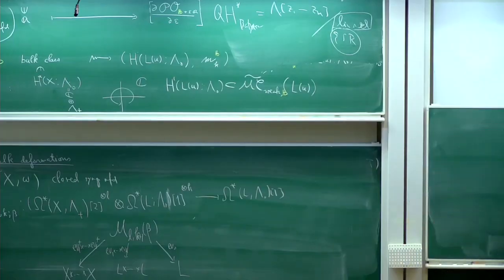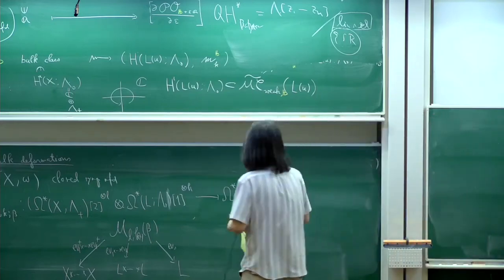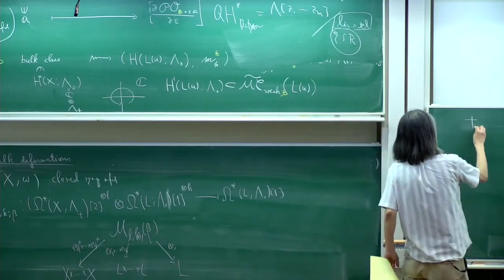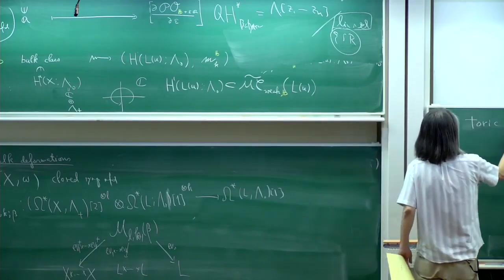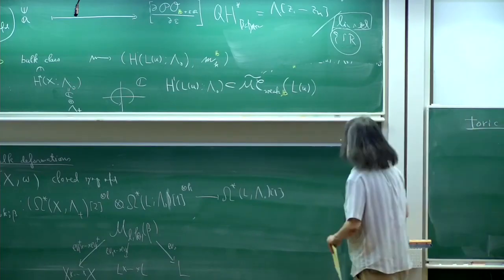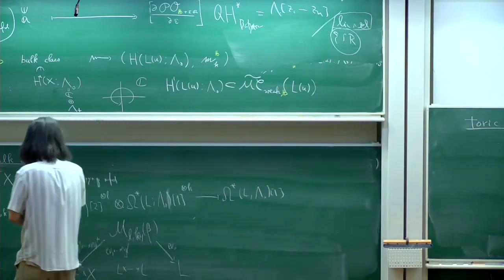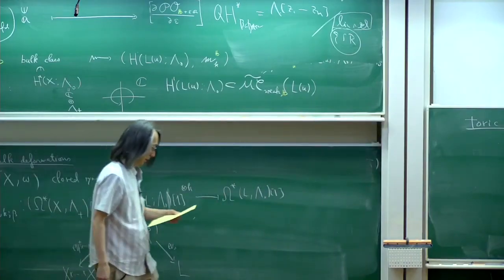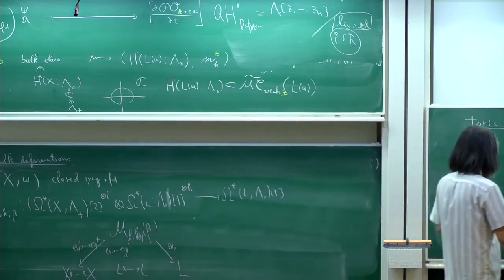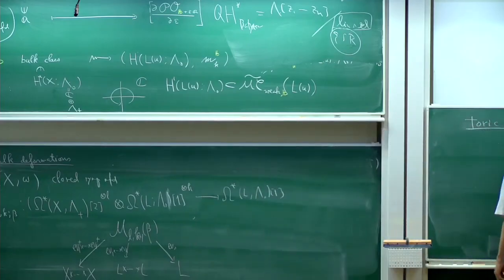But in the toric case, we don't really use this. In the toric case, we don't really use the differential form picture. So we consider the following. I consider the cohomology of X with coefficients in Λ_0.